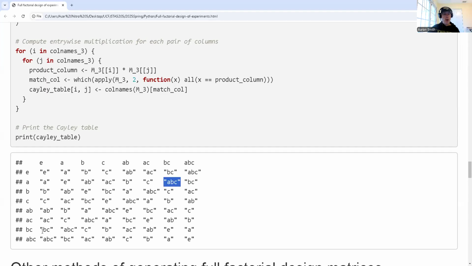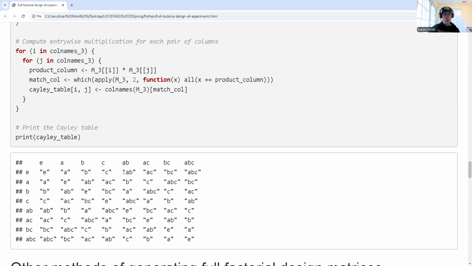I can keep on going down. Here I have the intercept, the main effects, the two-way interactions, and the three-way interactions. And I can go through any column, any row, and every single column in the original design matrix is going to appear.